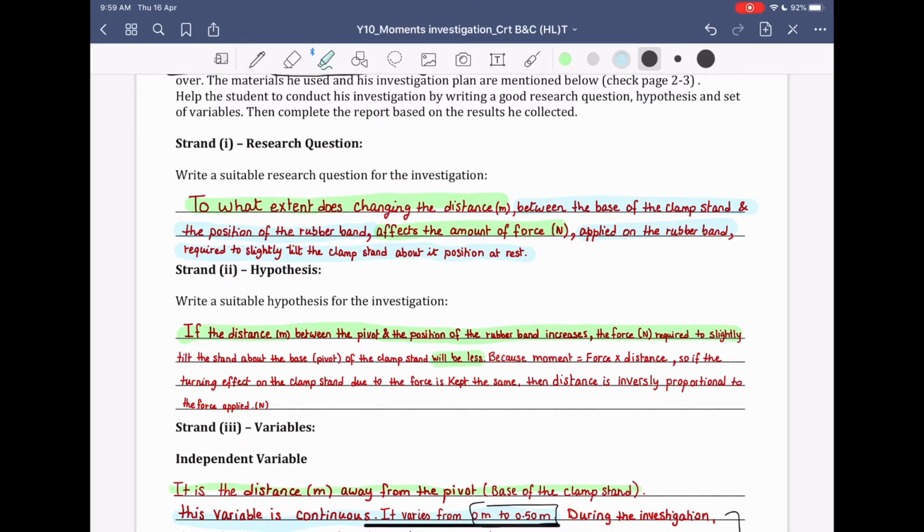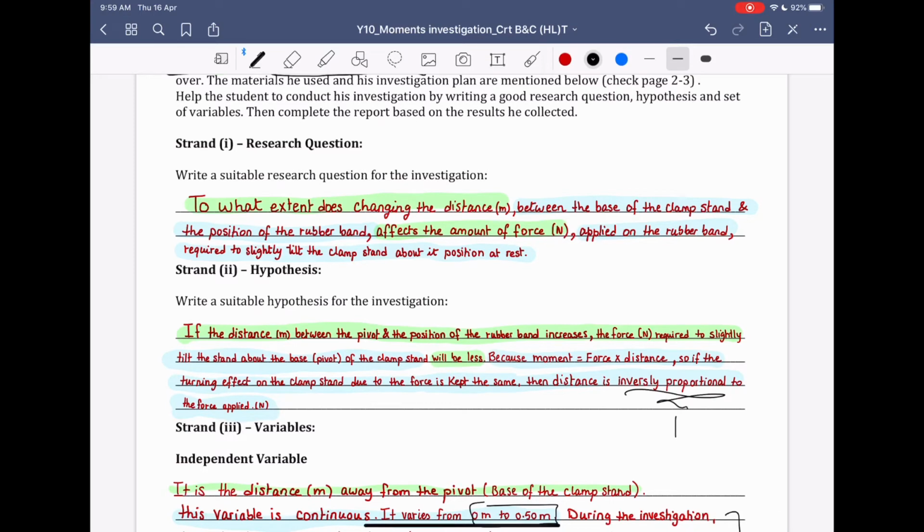So by saying slightly tilt the stand about its pivot, that's a scientific explanation. And then explaining furthermore by saying moment is equal to force multiplied by distance. So if the turning effect of the clamp stand due to the force is kept the same, then distance is inversely proportional to the force applied in Newton.